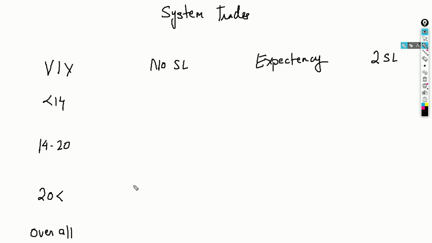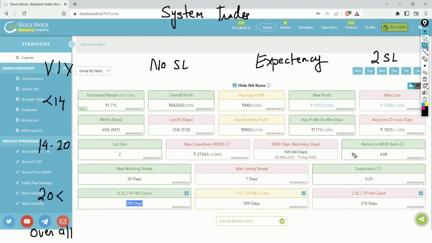So here we have a simple table where we have the VIX filter. Then we are going to express in terms of percentage the days when no stop loss was triggered, the expectancy, and the days when two stop losses were triggered. In the overall strategy, we got to know that out of 1557 days, on 299 days no stop loss was triggered.